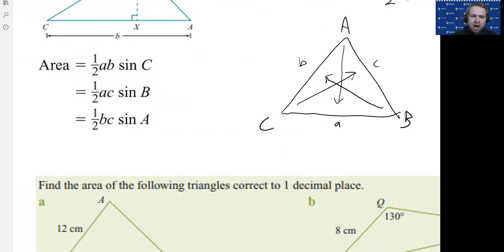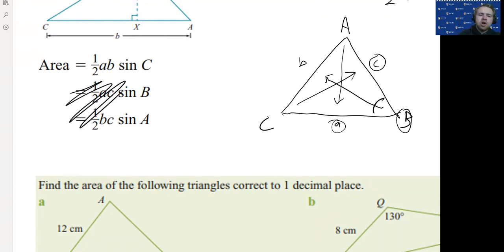So AB in this diagram would be the bottom one and the left one, and then the included angle would be C. If I used A and C, then the included angle would be B. That is the angle between those two sides. If you've got A here and C here, then B is the angle between those two sides.